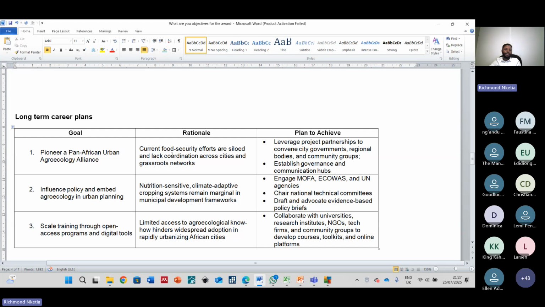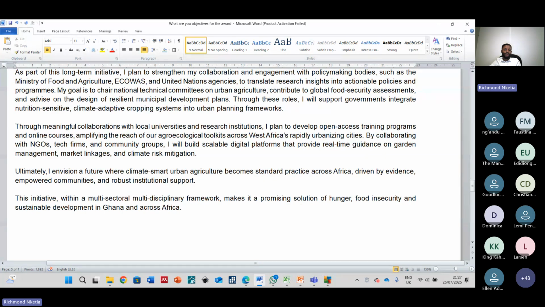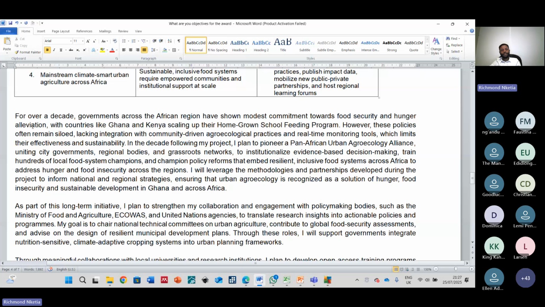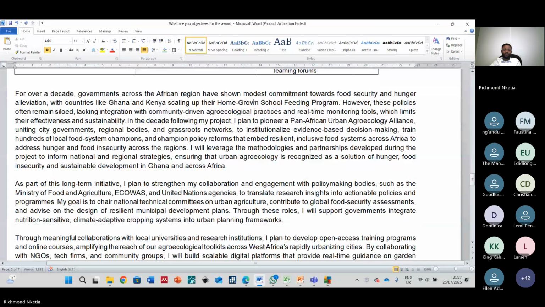I've written them into paragraphs, which is here. So I probably will just go straight to that. So for over a decade, you see how I started. For over a decade, governments across the African region have shown modest commitment. It still reads like what I've written in my problem statement.